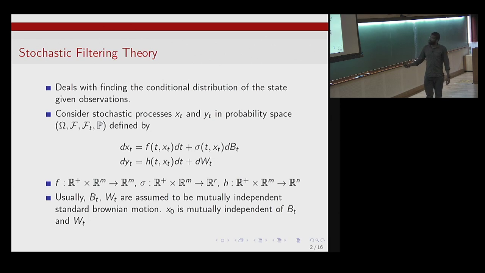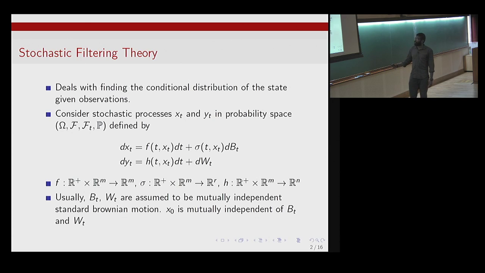The underlying noises, at least in the setup I am talking about, we assume to be mutually independent. It makes sense because when you're observing something, at least in classical observations, you don't expect to change the state of the system.